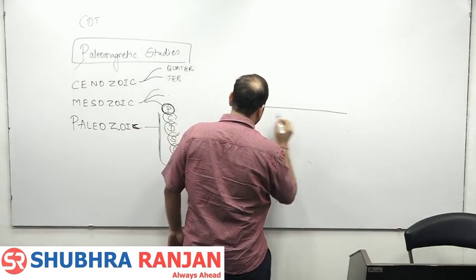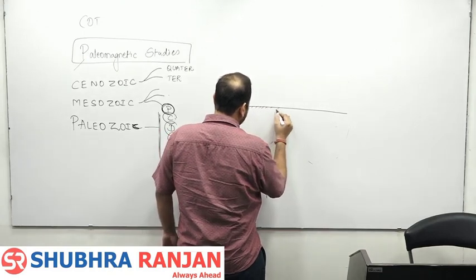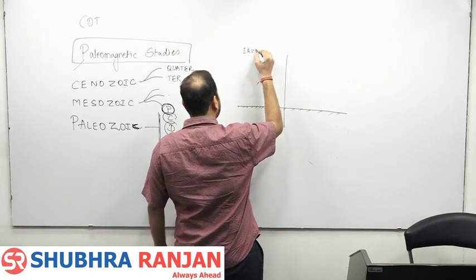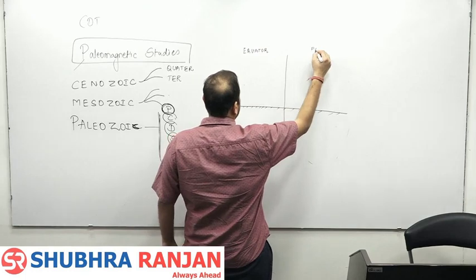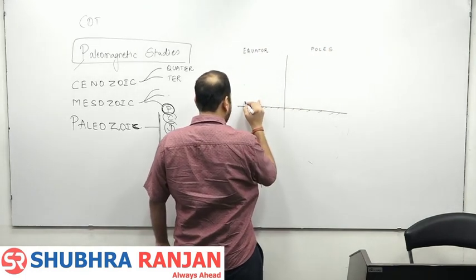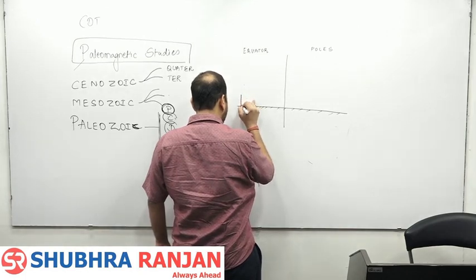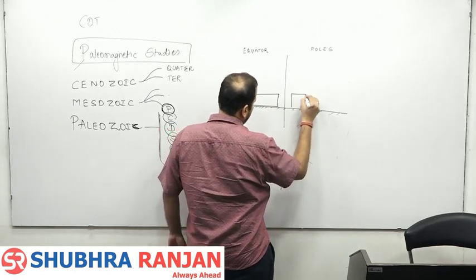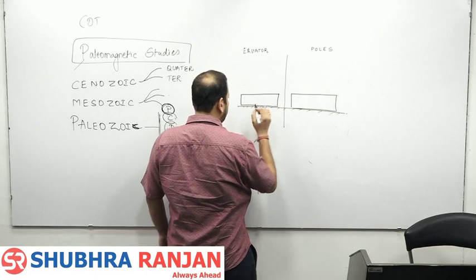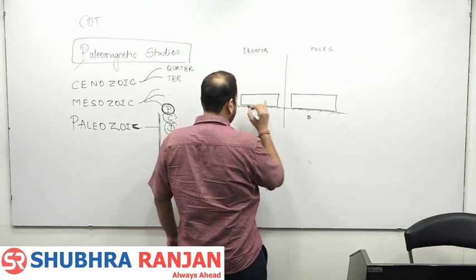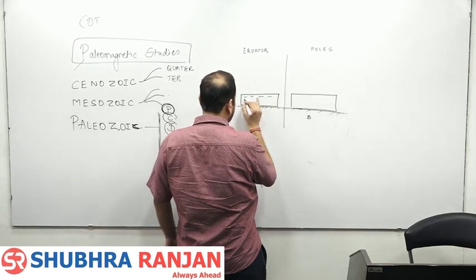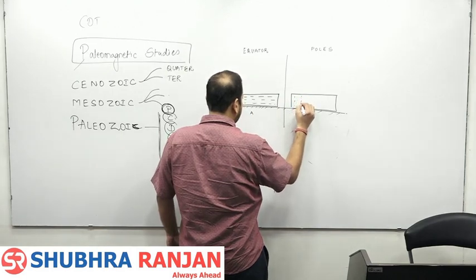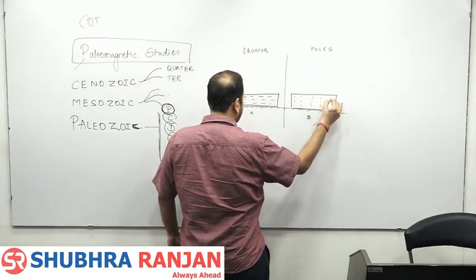On the other hand, if the rock has solidified near the equator, the angle is parallel to the magnetic field. You can draw the diagram.